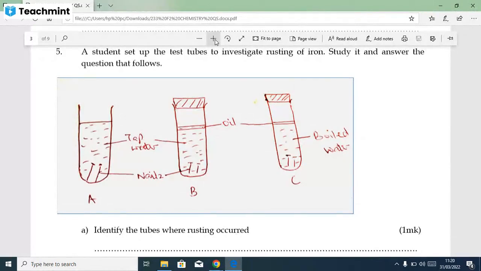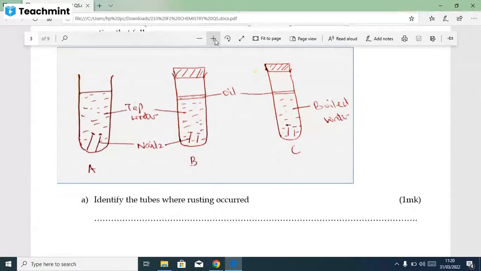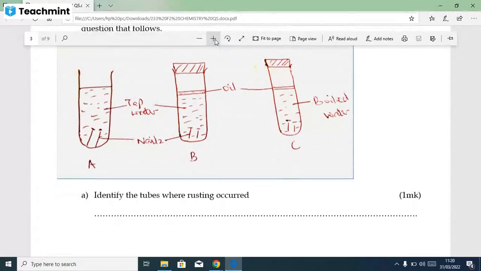Part C, we have boiled water, and we have the nails. Okay, read the question. Part A. Identify the tubes where rusting occurred. Try that also. A. A and C.